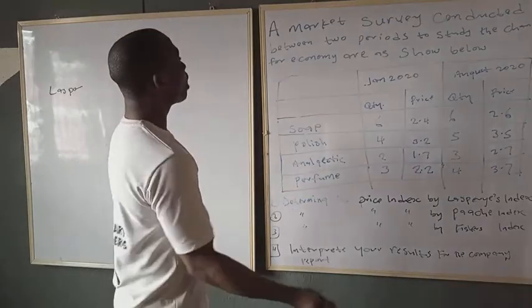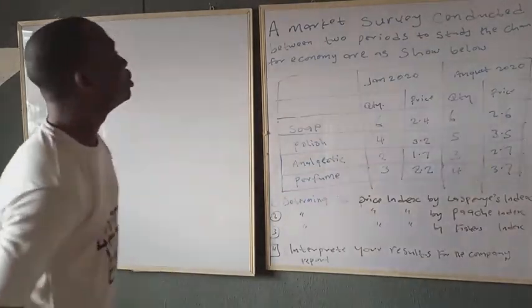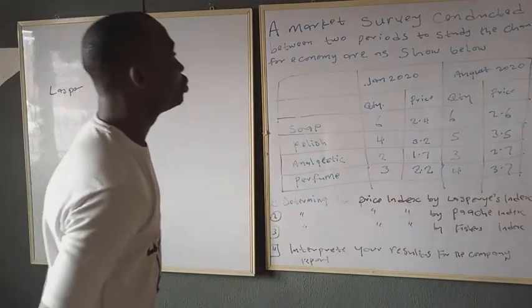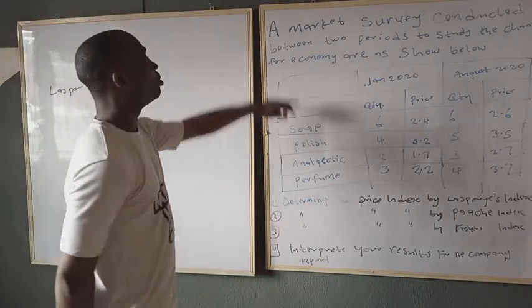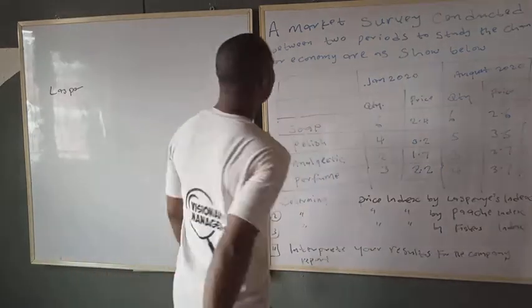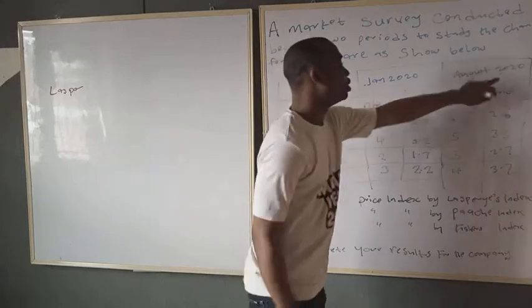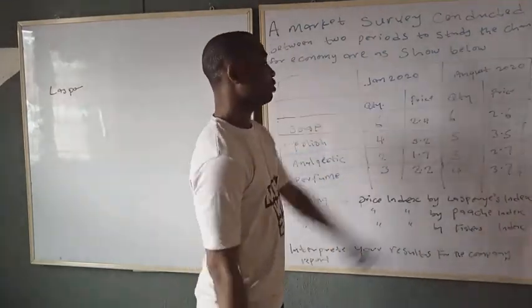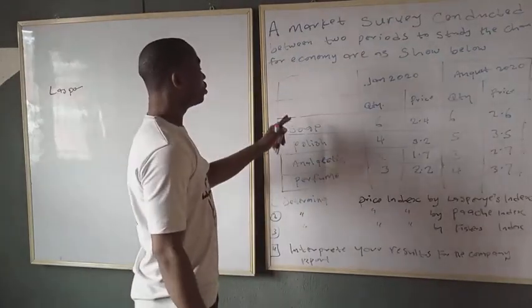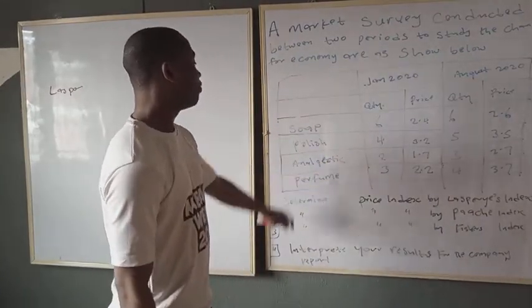They say that a market survey was conducted between two periods to study the change for the economy as shown below. They gave us January 2020 and August 2020. They gave us the quantity and price for the 2 months, for soap, polish, analgesic, and perfume.